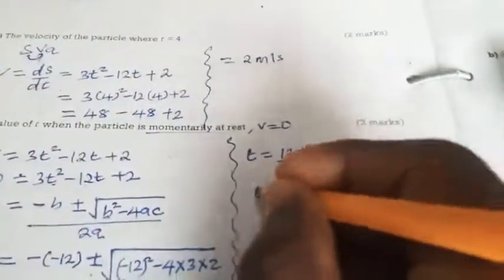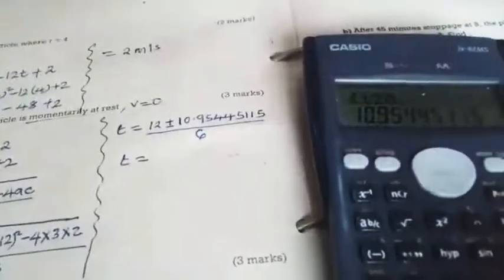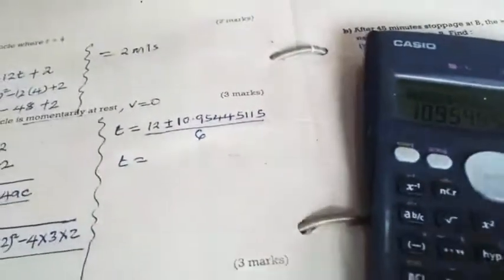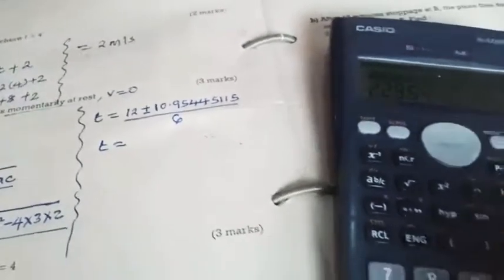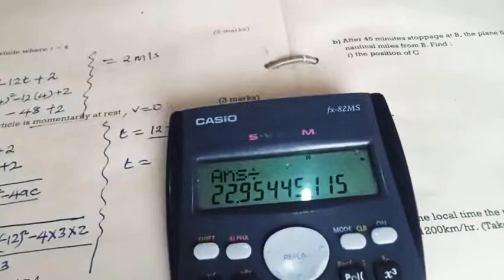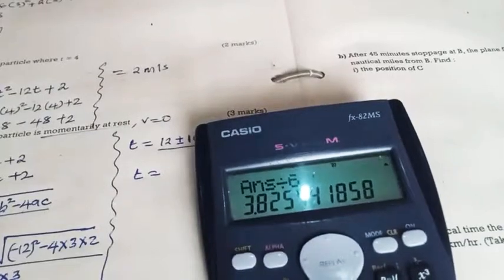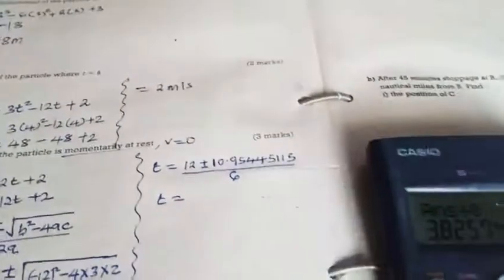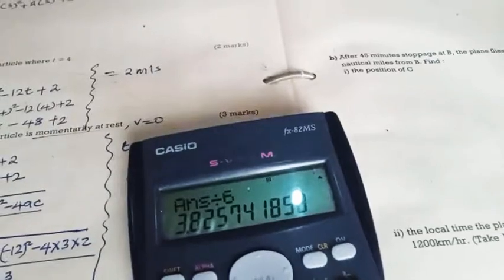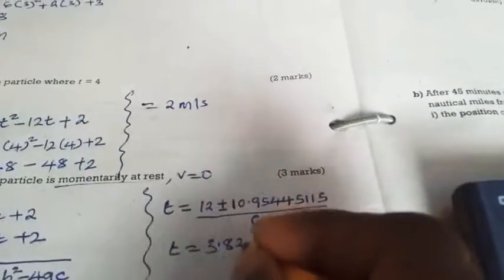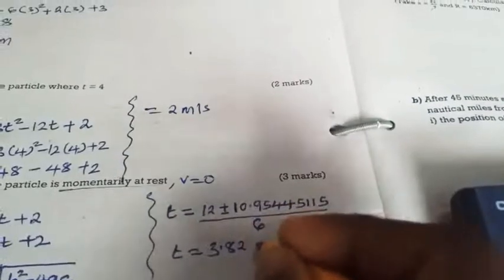From there, therefore t is going to be, we take our answer plus 12, then divide by 6. The answer is going to be 3.826 to 4 significant figures.